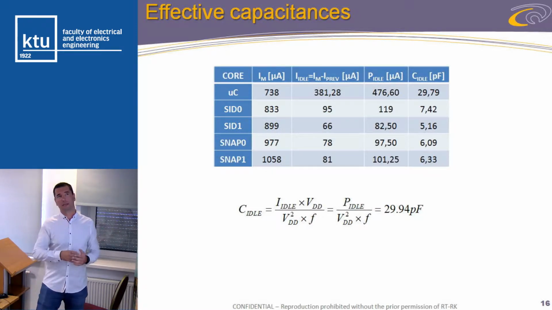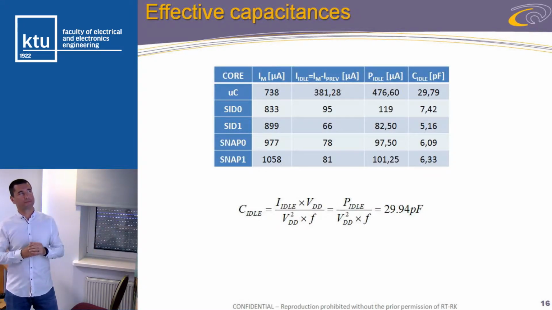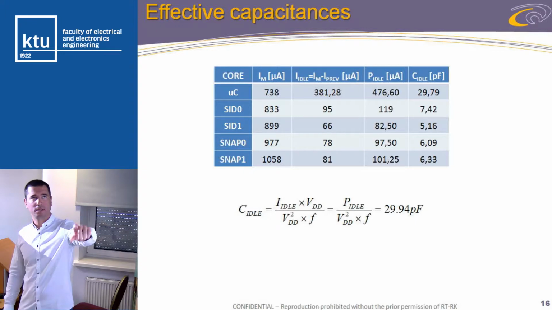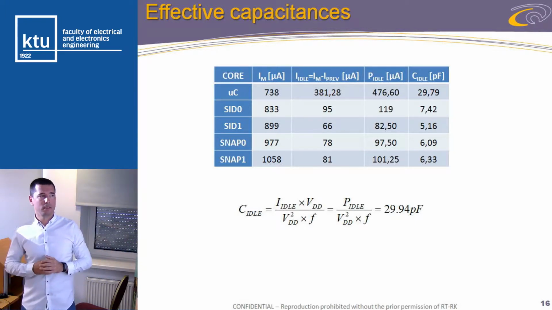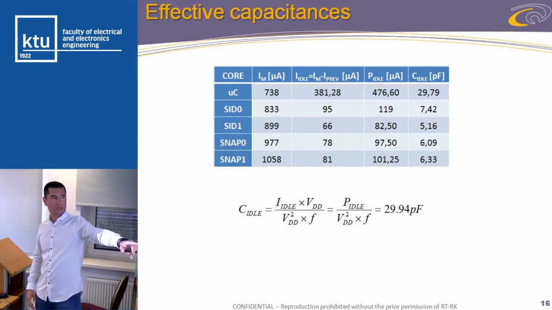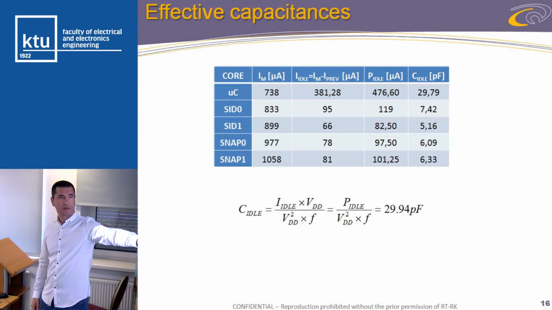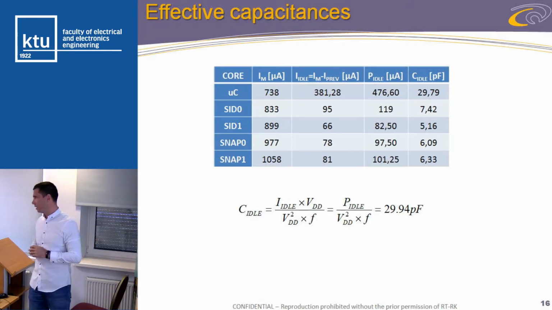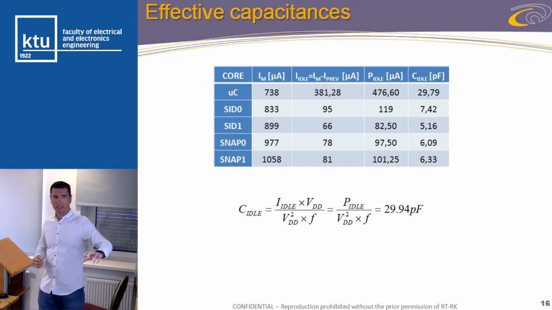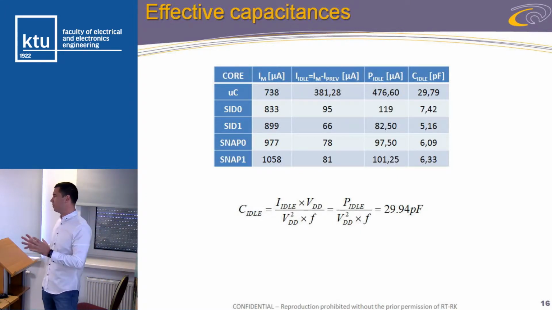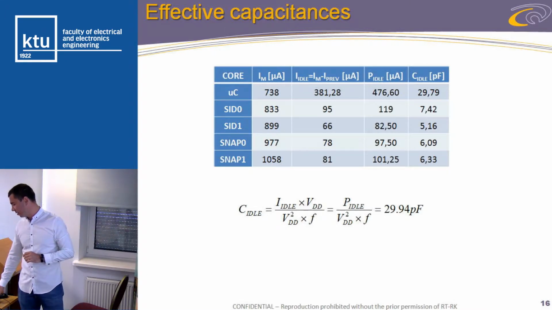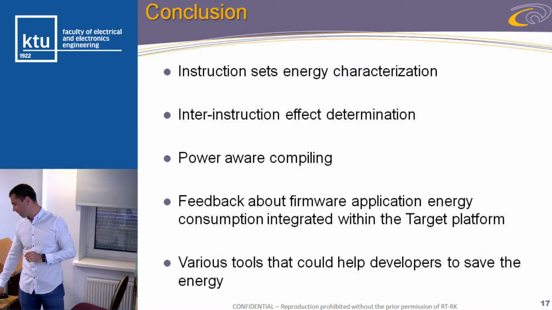And this is a table of the five cores that we have on our target platform, and the effective capacitance that we calculated. For example, this is the effective capacitance of the microcontroller while running in idle state, meaning that this is the actual capacitance that is charged and discharged during the idle state of the microcontroller.